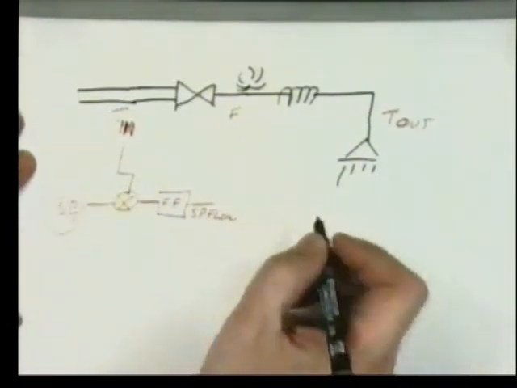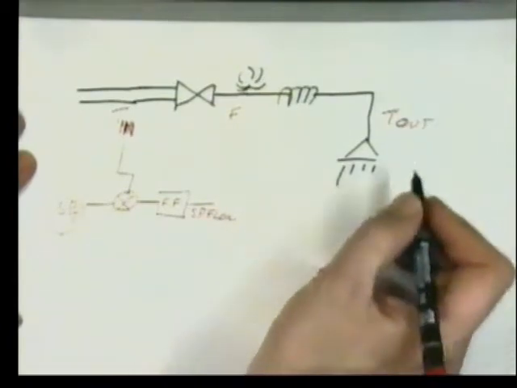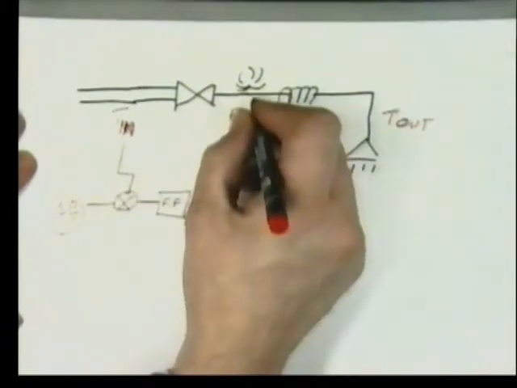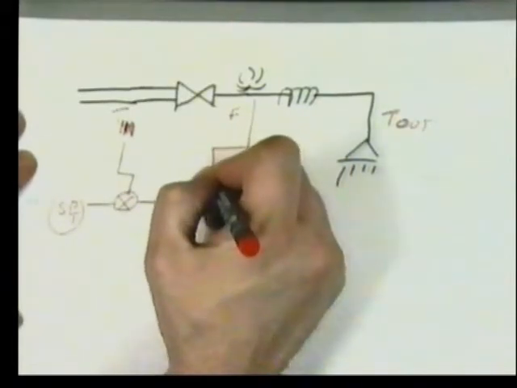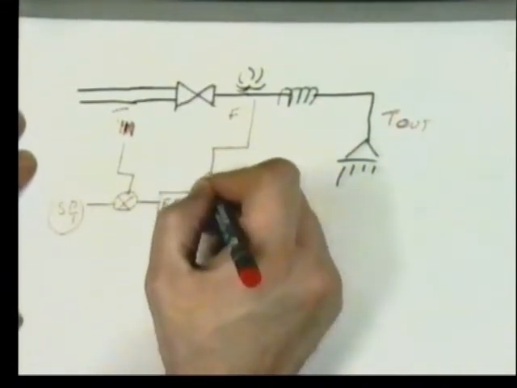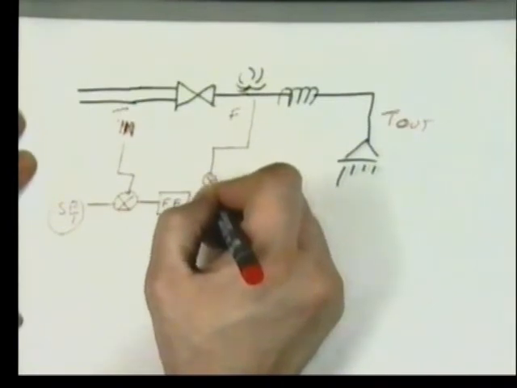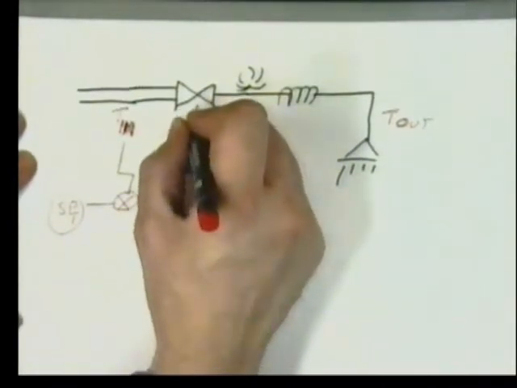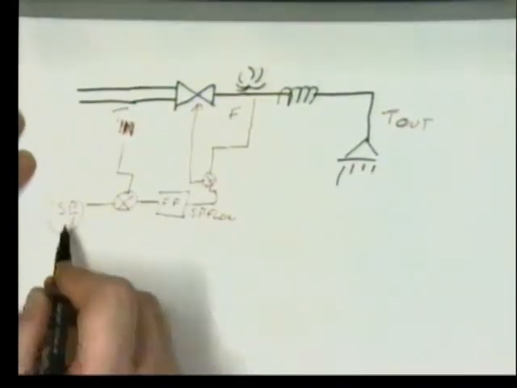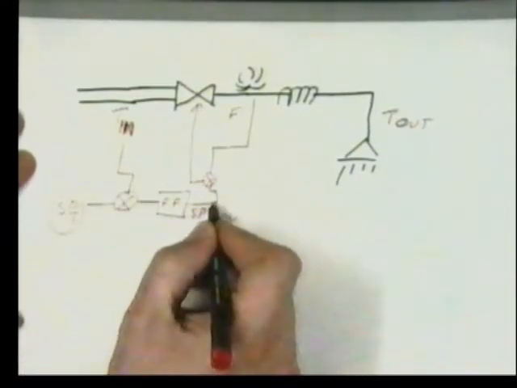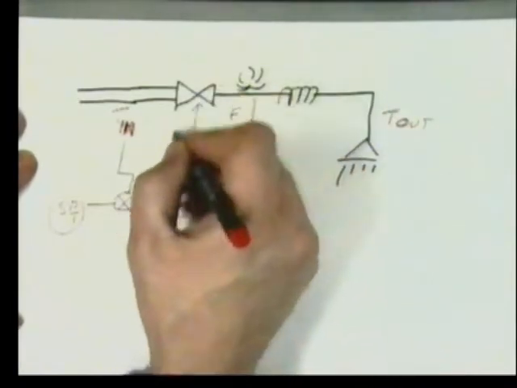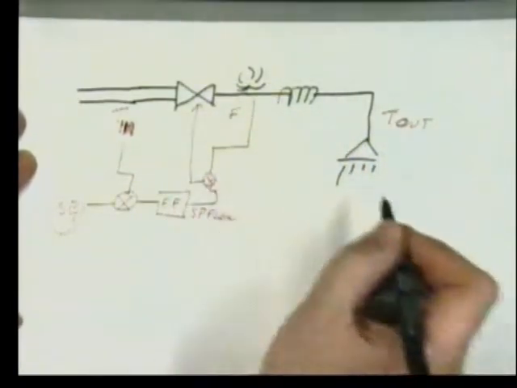This gives us a set point for the flow rate. We have a measure of the flow rate that we feed back. And that controls the valve. So we have a feed-forward control algorithm generating a set point for a feedback control algorithm.